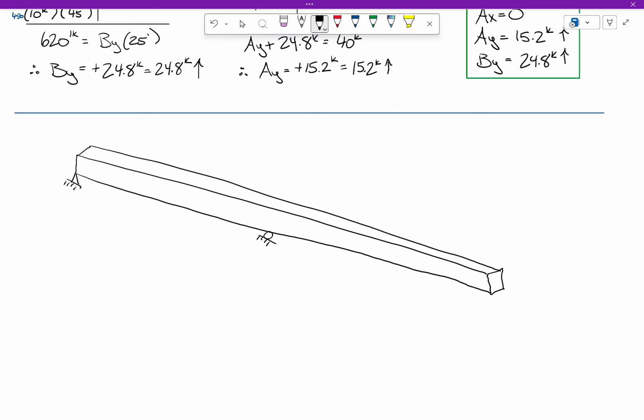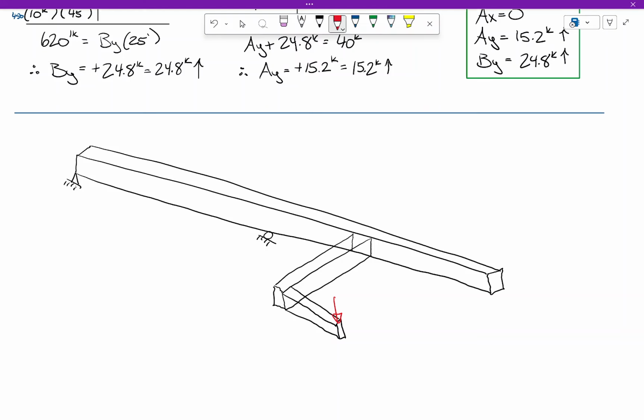Okay, so this is about the simplest physical explanation I can give you. Let's say we've got an element that frames in like that, like right here. Imagine that you were standing right here.